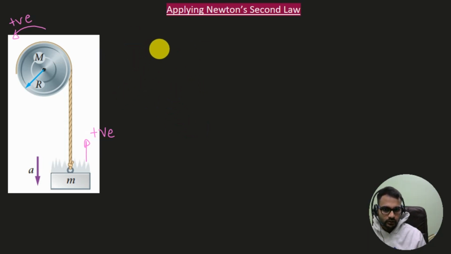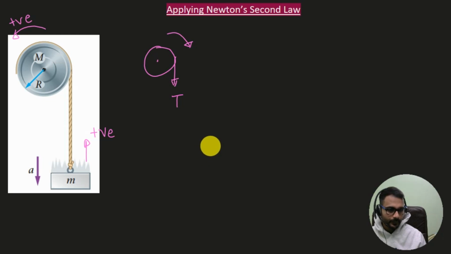Now consider this pulley here, in this case it is rotating in the clockwise direction like this, and here we have this tension force T, right? And if you see the block of mass m, here we have this upward tension T, and the gravity force would be acting in the downward direction, right?